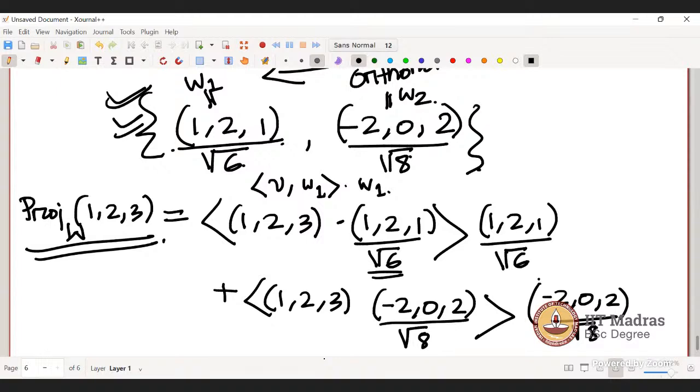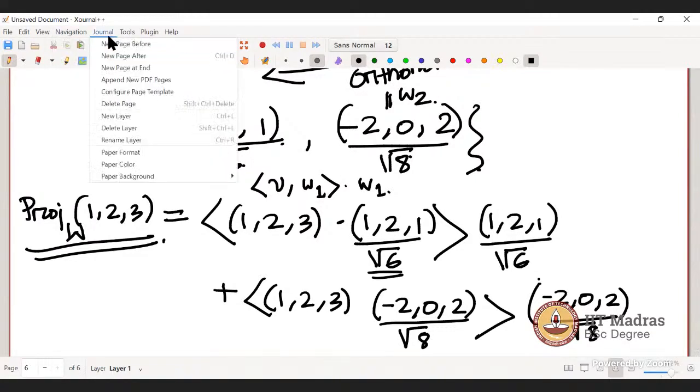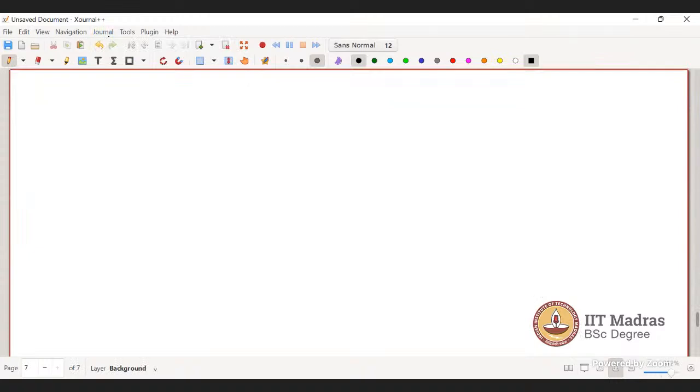No, sir. Regarding the thing that you are writing, like x minus the projection of x. Suppose there is a vector x and its projection, and the angle between them is theta, right? Projection of v on w: the angle is theta between them.